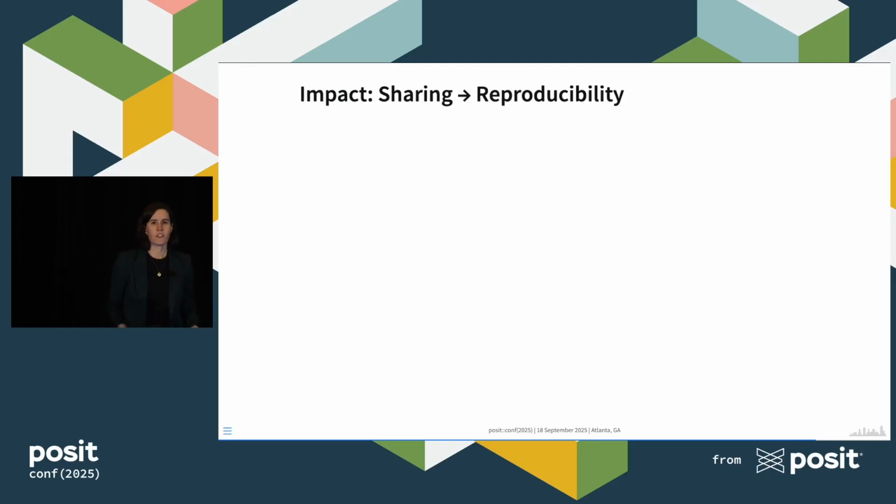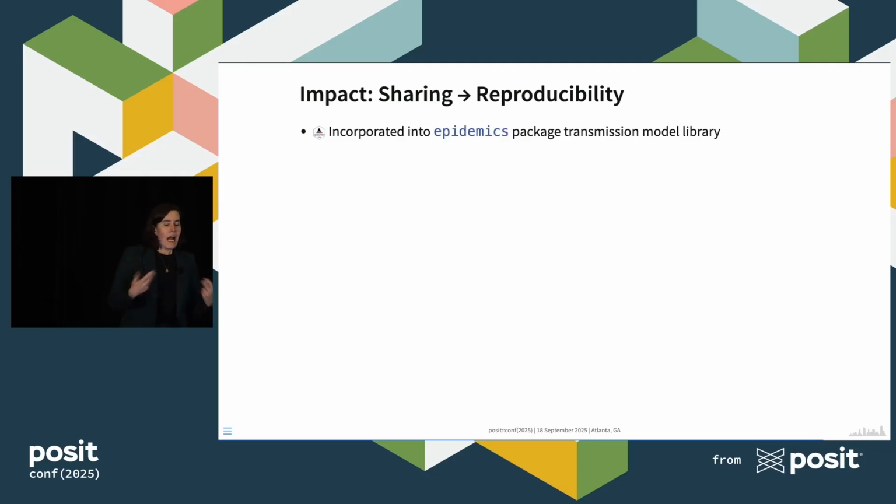And so with all of this sharing capability comes reproducibility, which is a central principle in scientific research. And how this manifested during the COVID modeling was that because I used this approach, my model code was actually selected to be included in a separate R package called Epidemics, which serves as a transmission model library. So they were able to take my code, make it better, and include it in this other package for others to use.